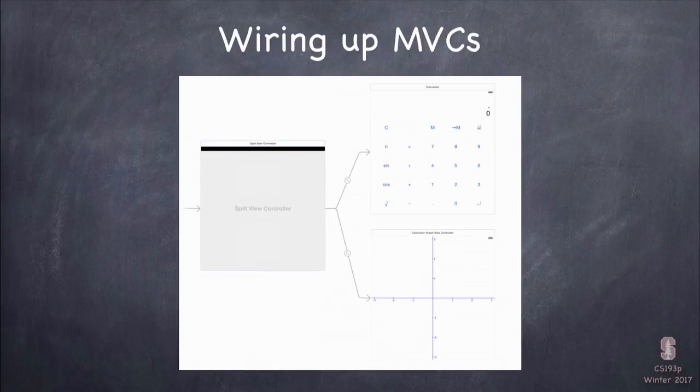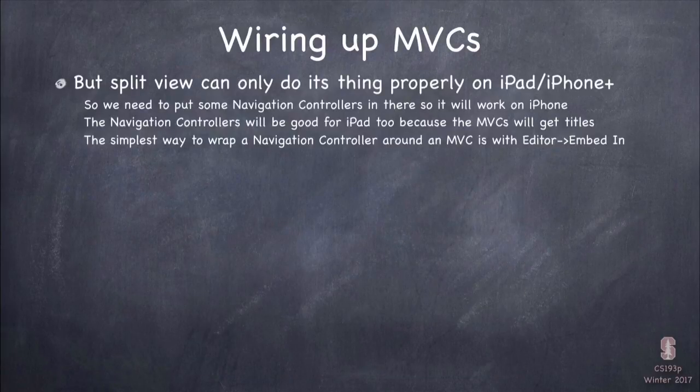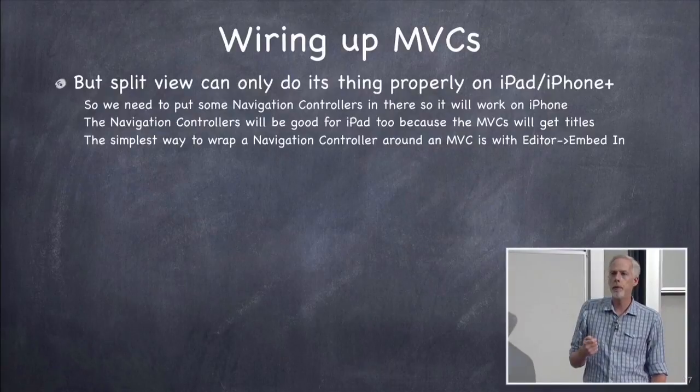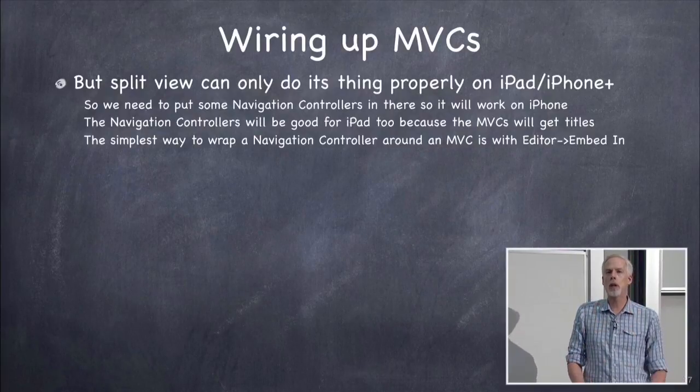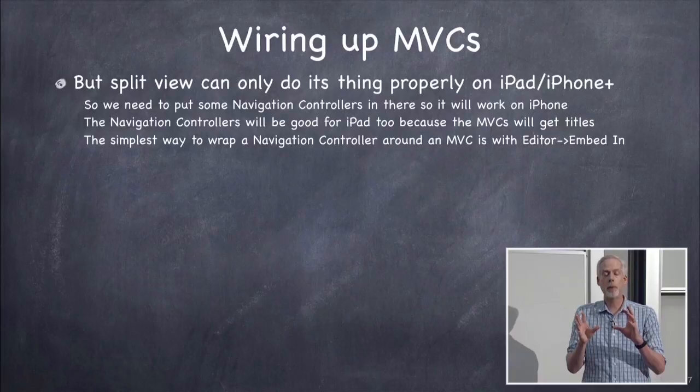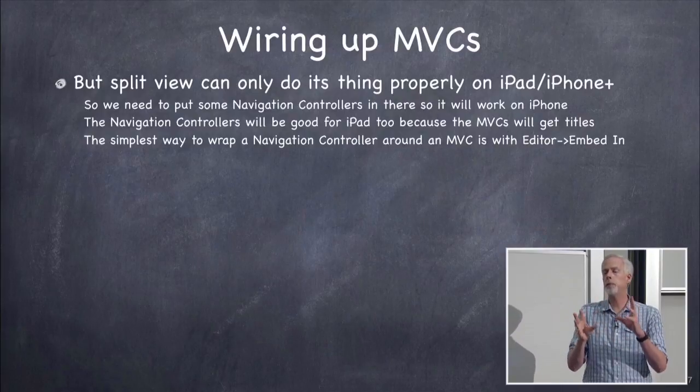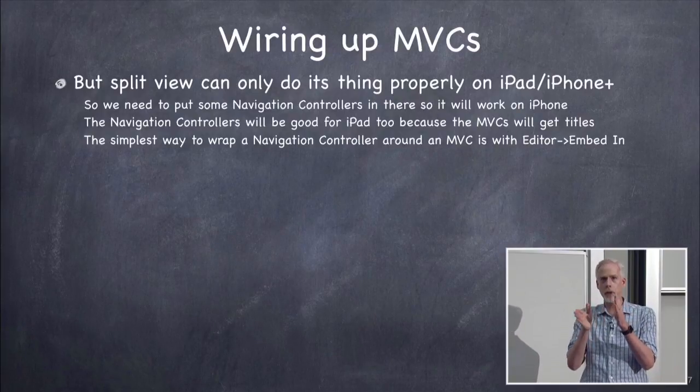Now you've got a split view with a master that's a calculator view controller, and a detail that is a graph view controller. Now, one interesting thing here is that a split view does not work on an iPhone. Well, it works on iPhone Plus, the iPhone 6 Plus and 7 Plus, the big ones, but it does not work on a normal iPhone. There's just not enough screen real estate to do the split view thing.